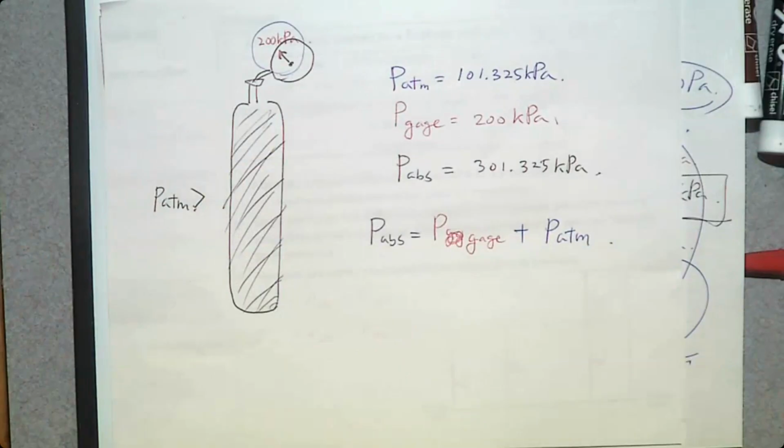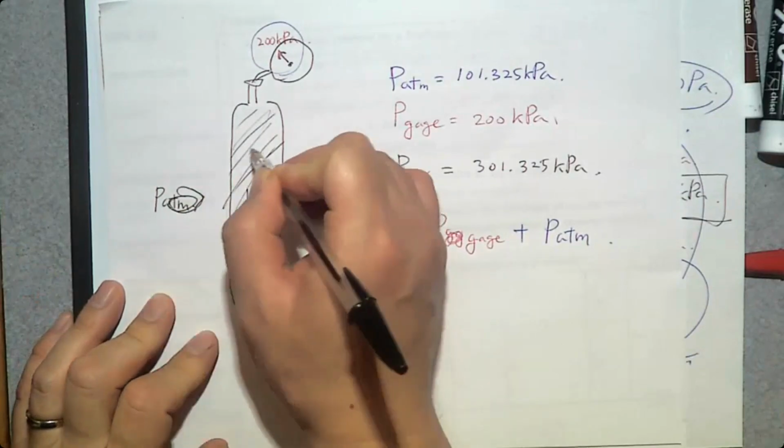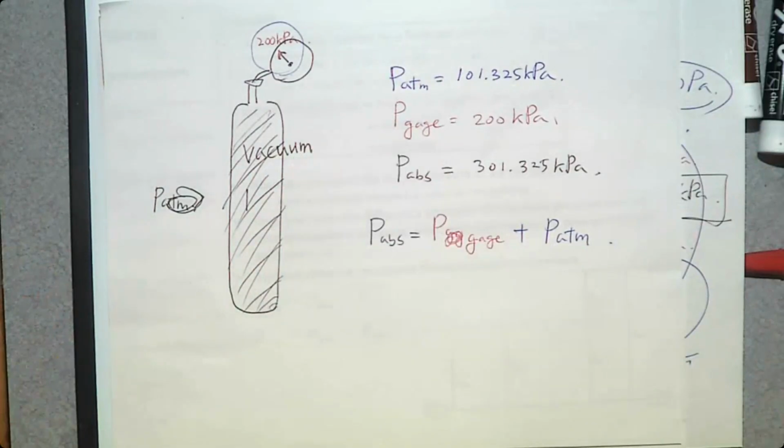What about the absolute pressure? It is under vacuum. So what about inside the cylinder? The pressure is only 50 kilopascal, so the absolute pressure is 50 kilopascal. Under vacuum does not necessarily mean that there is no gas. You have less gas than outside. That's a vacuum, high vacuum, under vacuum.